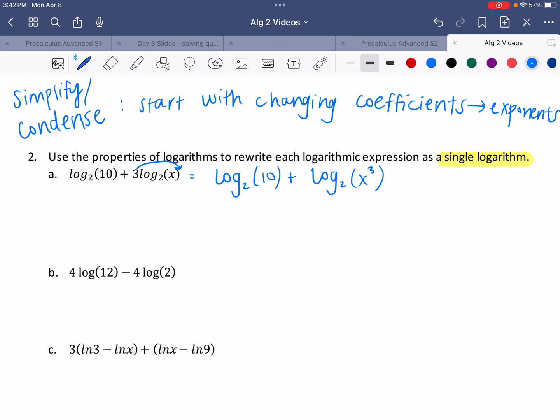And then if I see 2 logs being added in my answer, I write it as a single logarithm, so the base is 2. And in the argument, I take 10 and x cubed and multiply them together, and that's it. It's a single logarithm, and we used both the power property and our product property as well.